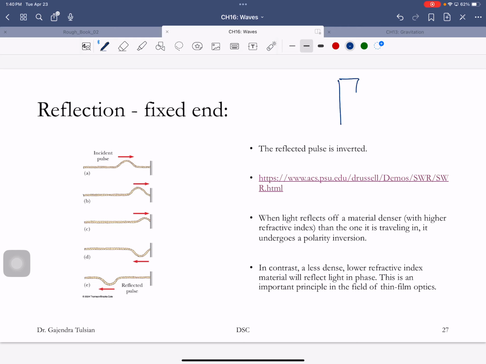If this is a piece of glass, going from air to glass, if you send a pulse like this, upon reflection from glass, this pulse will become negative. They put anti-reflecting coating on your glasses, they use this kind of phenomenon. You have to know this kind of behavior.